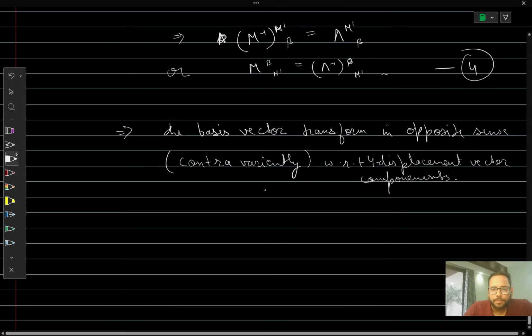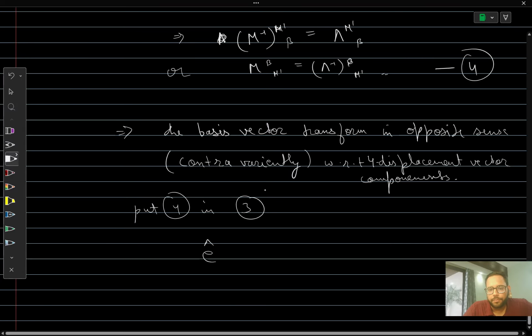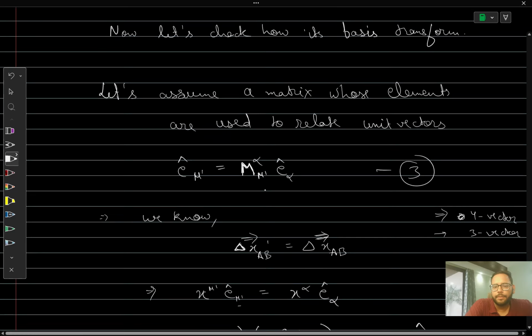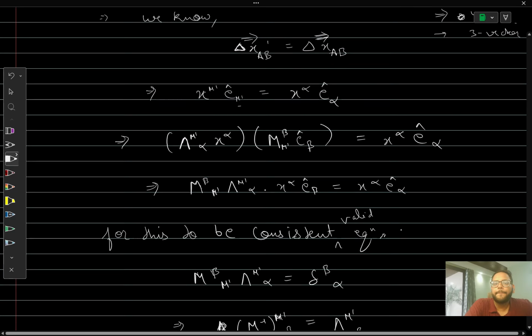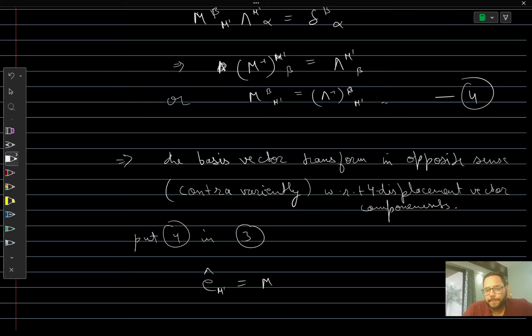So put fourth and third, we get the transformation rule for this one as, yeah, this is primed in the primed, and this is alpha.